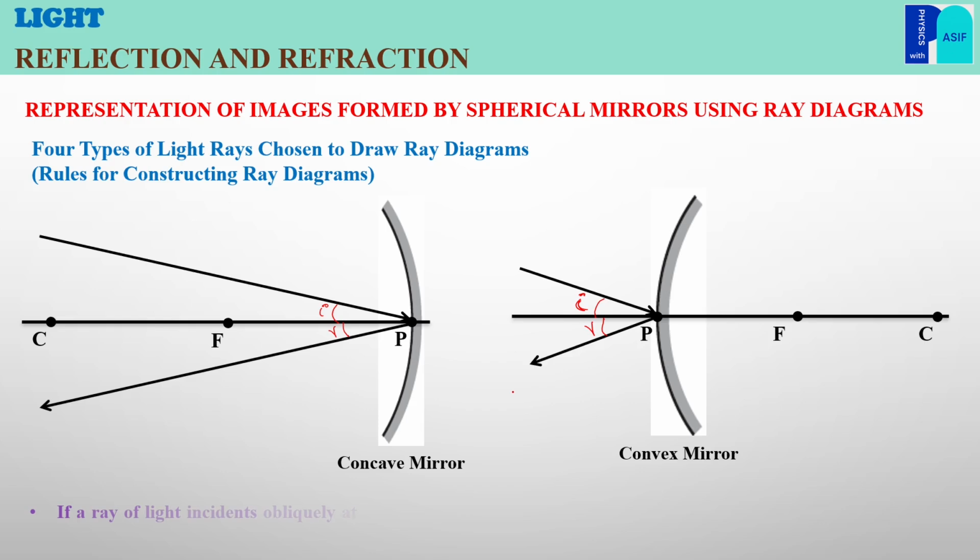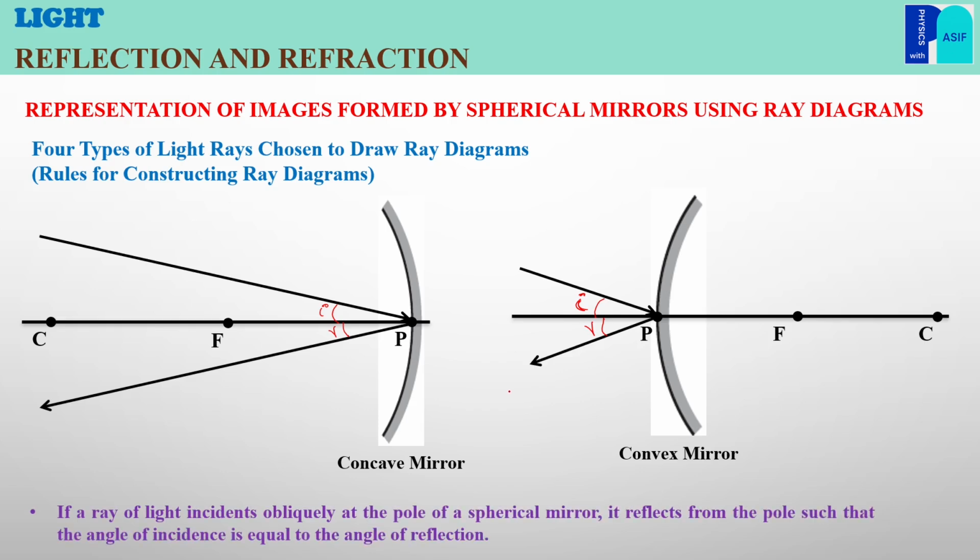So we can conclude that if a light ray is incident obliquely at the pole of a spherical mirror, either concave or convex, it reflects from the pole such that the angle of incidence is equal to the angle of reflection. These are the four rules that help us construct ray diagrams and determine the position, size and nature of the images formed by spherical mirrors.